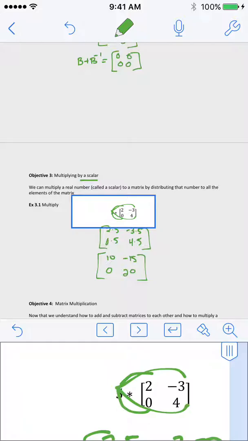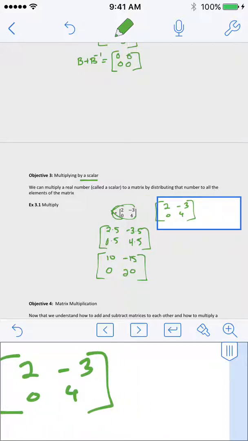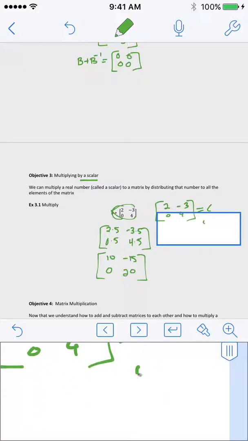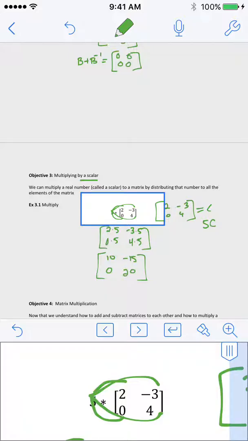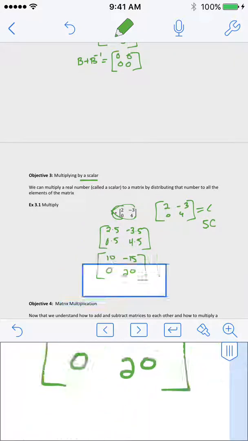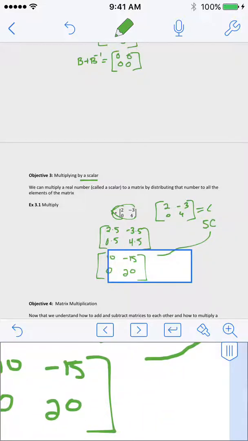Sometimes you'll see it like this: if you have this matrix of 2, -3, 0, and 4, and this matrix is called C, then go ahead and find me 5C. That's the same thing as multiplying 5 to the matrix. You just end up with this being 5C. Alright, cool.